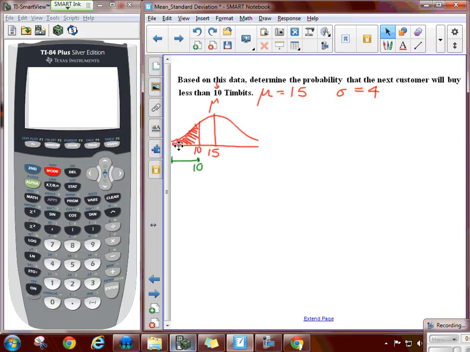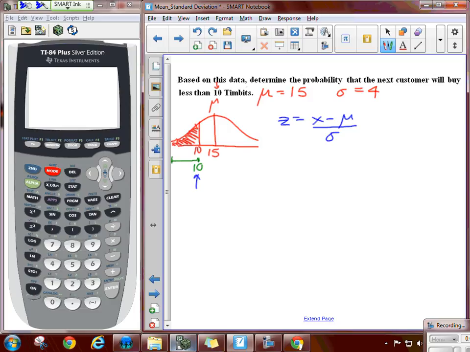Now, to use this information, we have to transfer it into a z-score. A z-score is given by this formula, provided on your formula sheet always. A z-score is just an indication of how far away a piece of information is from the average measured in standard deviations. So a negative z-score means we're below the average, which this 10 is below the average. We should come up with a negative z-score. A positive z-score means we're above the average.